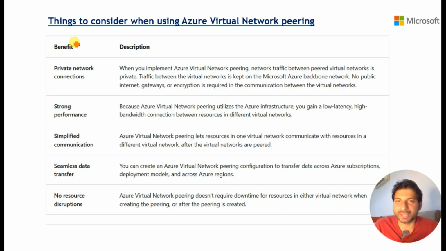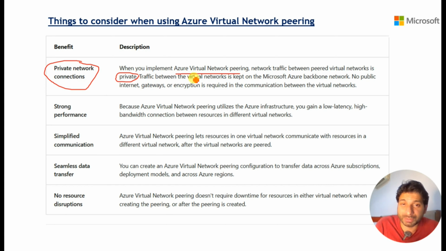There are certain things to consider when using Azure Virtual Network Peering. First one is private network connection. When you implement Azure Virtual Network Peering, network traffic between peered virtual networks is private. The benefit is it is a private network connection. Traffic between the virtual networks is kept on the Microsoft Azure backbone network.